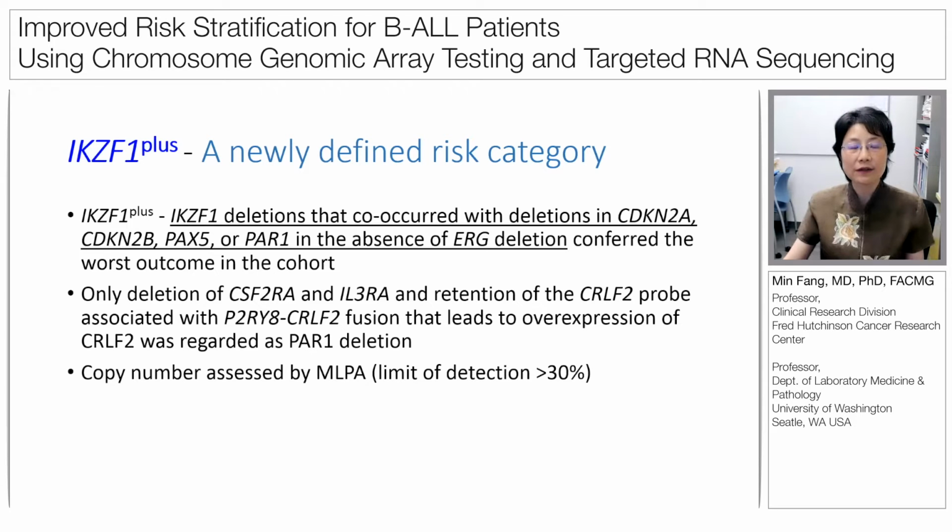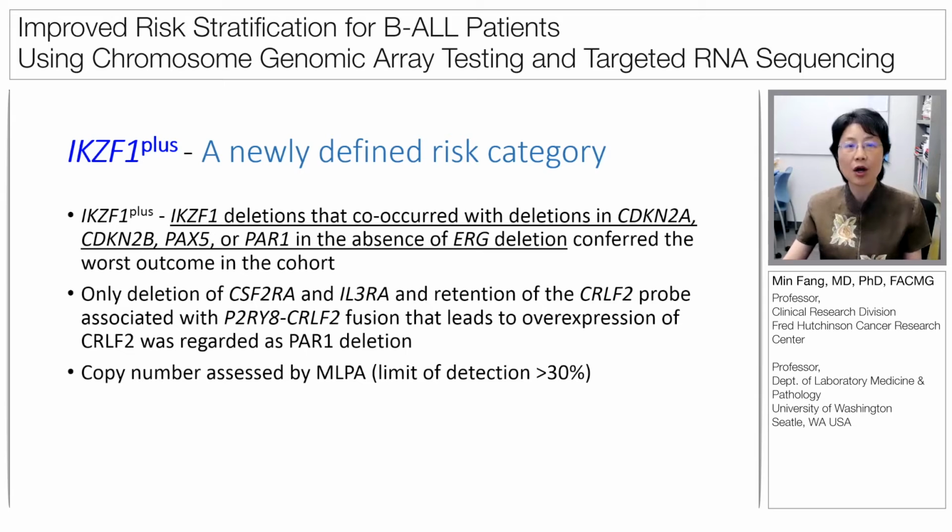When they were trying to define the pseudo-autosomal region deletion, the PAR1 deletion, as many of you know, there are several genomic loci, including CSF2RA, IL3RA, and the CRLF2 probe. They were only considering those deletions of the CSF2RA and IL3RA region, leading to the retention of the CRLF2 probe, associated with the P2RY8-CRLF2 fusion.